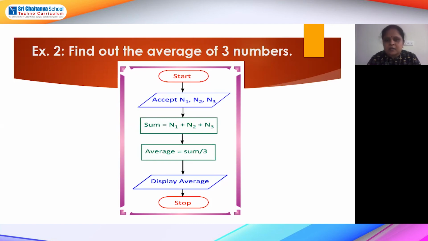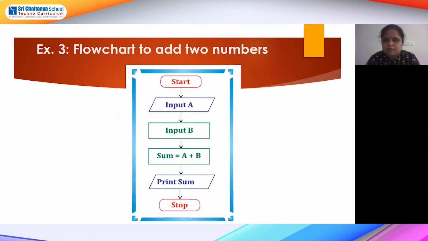Okay, now let us go further. Next is one more example, that is to add two numbers. Here I am just adding two numbers. I am starting with the terminal, then I am taking an input A. Now I am taking an input B. Here you can observe, students, I have used a rectangle shape, the process shape, to read input B. Now seeing the drawing only, I came to know that it is wrong.